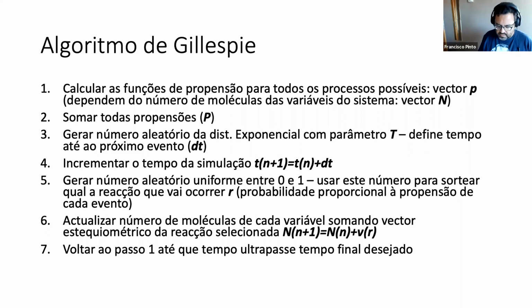So it is like the lambda in the Poisson distribution, the average number of events that you expect to observe per time unit. So using this P, you can use an exponential distribution with this P as the parameter and extract the time to the next event, that is a random number from that exponential distribution.